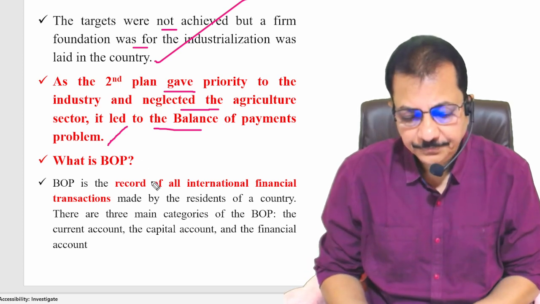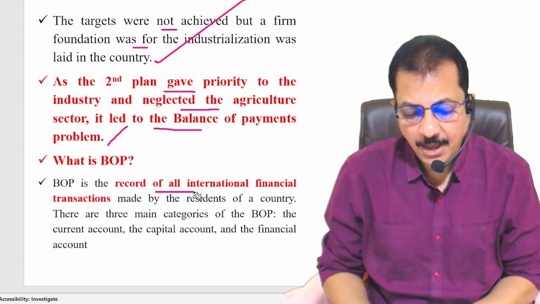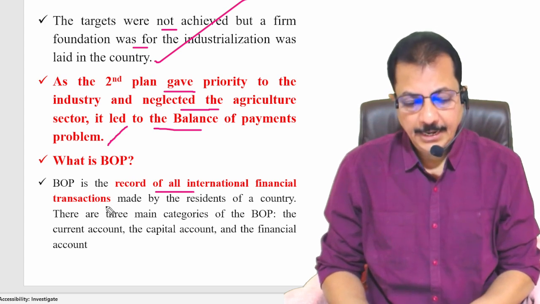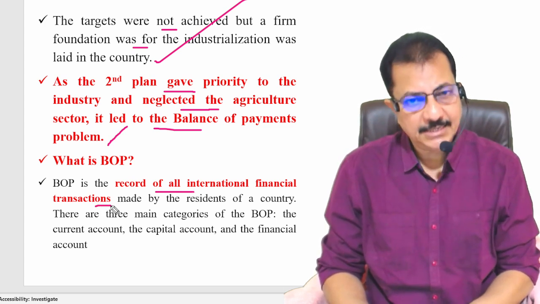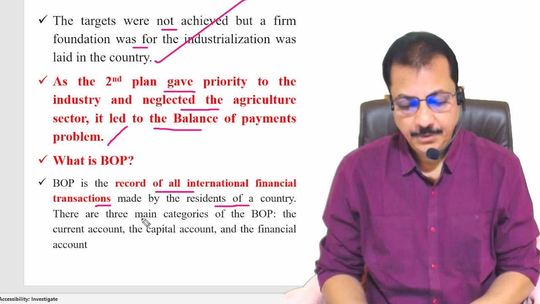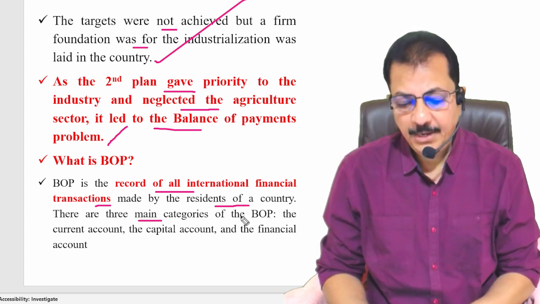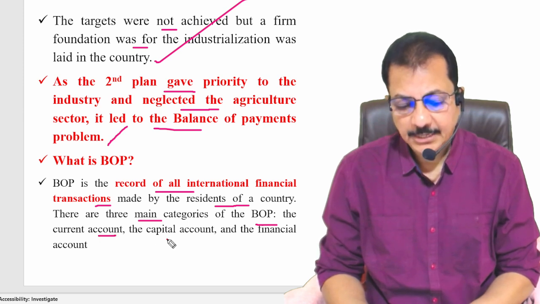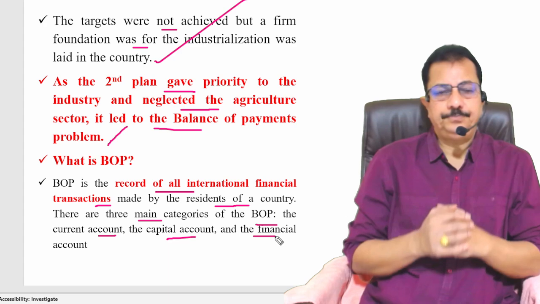Look at this. This is nothing but a record of all international financial transactions made by the residents of a country. There are 3 main categories of BOP. One is the current account, second one is the capital account, and third one is the financial account.